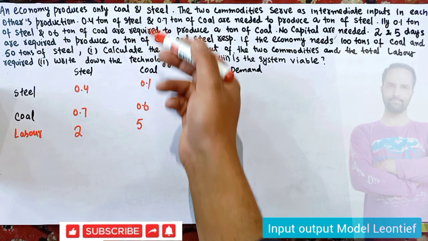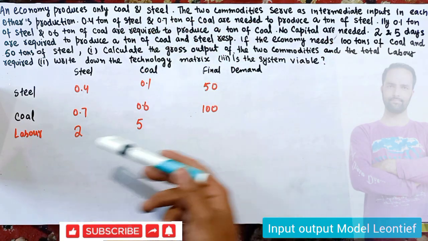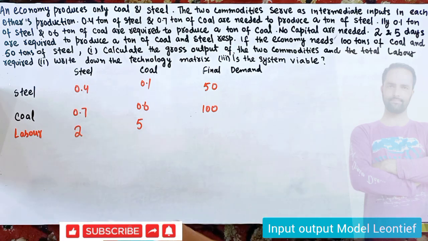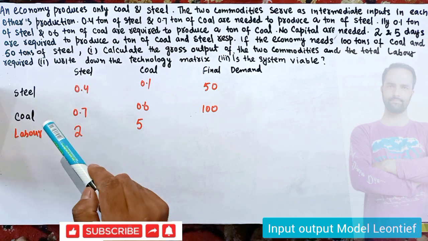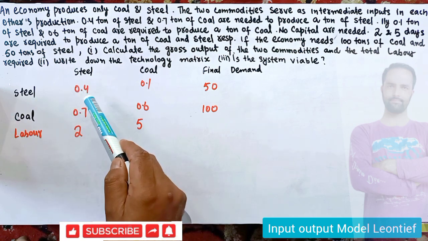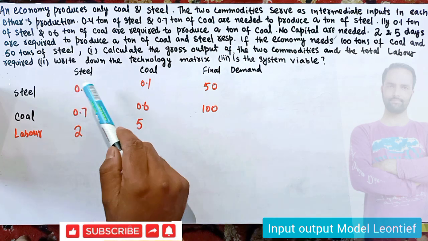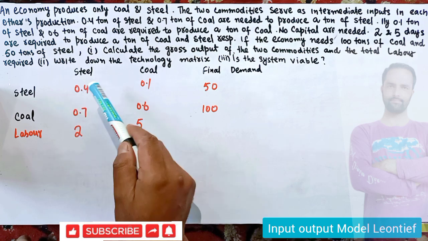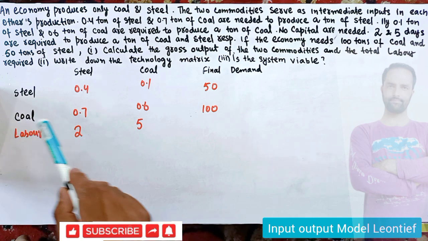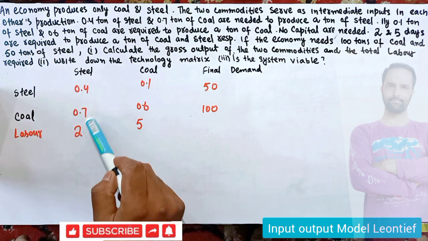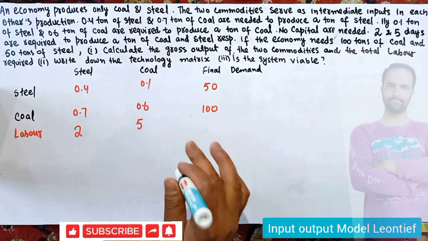Okay, so I have just written this stuff in this table. So how do we interpret it? It simply says that the steel industry gives 0.4 tons of steel to produce 1 ton of steel. That means 0.4 ton of steel is used by the steel industry itself. Okay, and the coal industry supplies 0.7 tons of coal to the steel industry to produce 1 ton of steel.